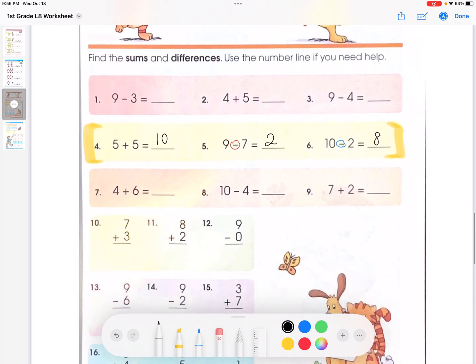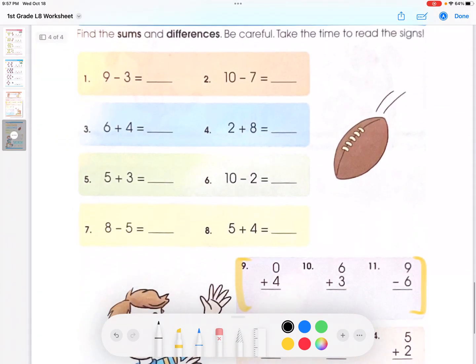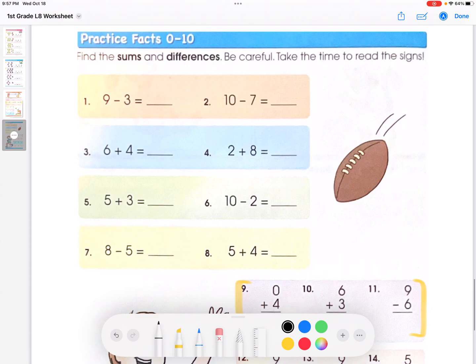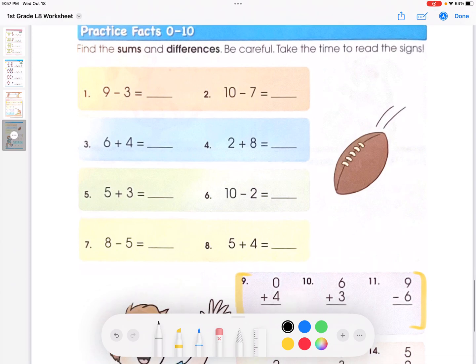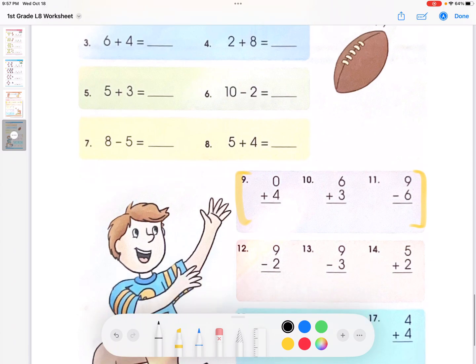Okay, moving on to our last section. It says find the sums and differences, be careful, take time to read the signs. So the questions that we're going to be doing are 9, 10, and 11. So our first one is 0 plus 4. So let's draw the number line again so that we can use it to help us.